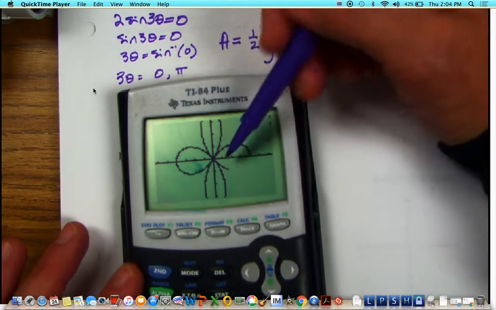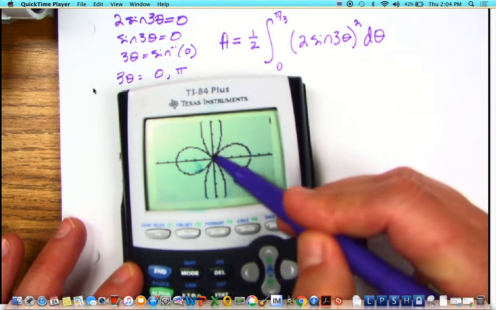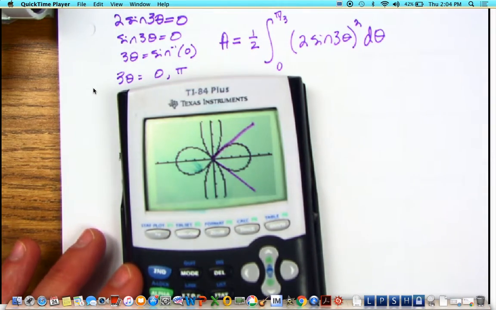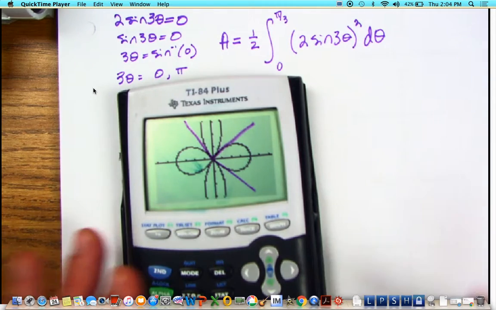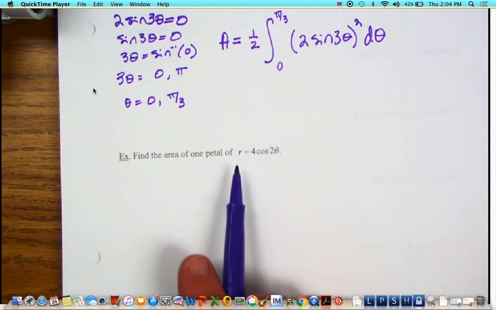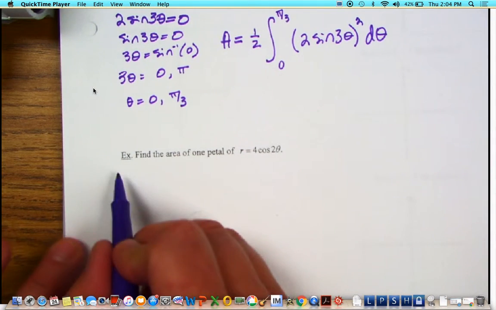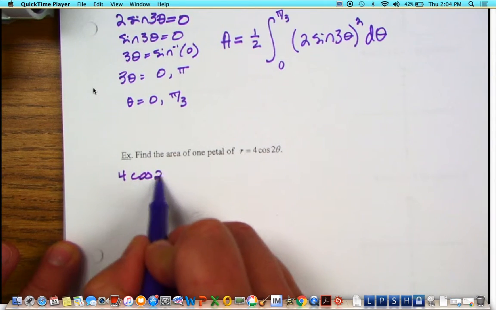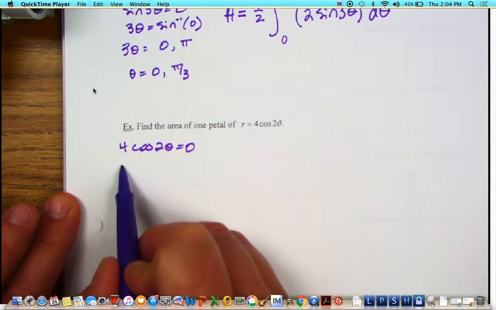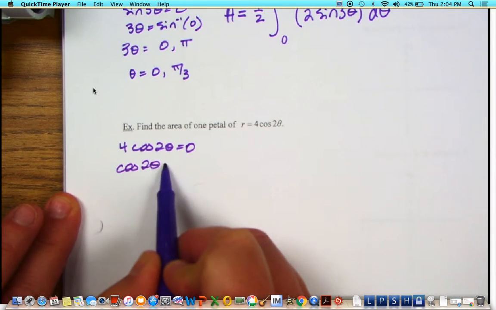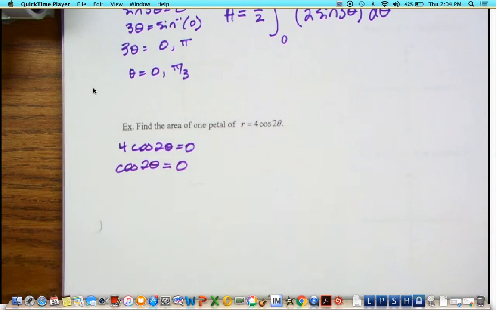If you look at this thing, here and here would be good, here to here would be okay, because it's just asking you for one petal. So let's set 4 cosine 2 theta equal to 0. So that means cosine 2 theta equals 0.